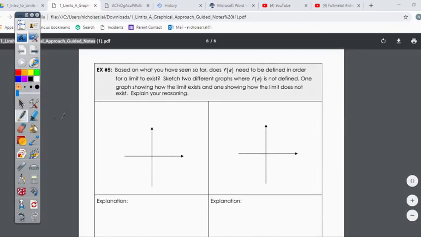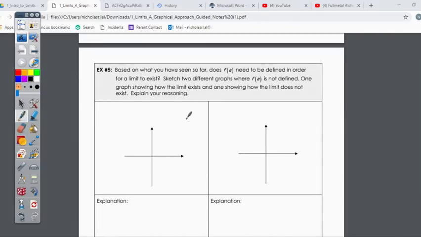For example 5, based on what you've seen so far, f of a needs to be defined in order for a limit to exist. Sketch 2 different graphs where f of a is not defined. One graph showing how the limit exists, and one showing how the limit does not exist. Explain your reasoning.